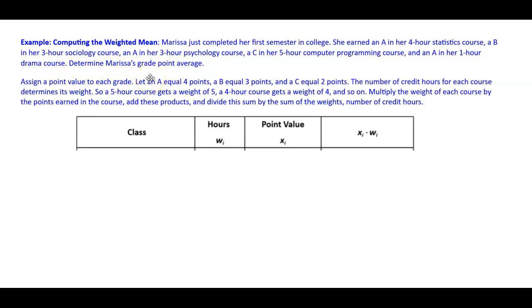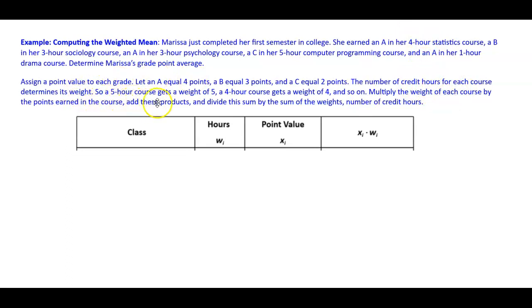Now, what we're going to do is create columns. We're going to assign a point value to each grade. We're going to let a letter grade of A equal 4 points, a B equal 3 points, and a C equal 2 points. Now the number of credit hours for each course determines its weight.